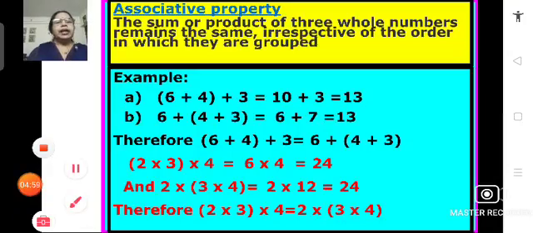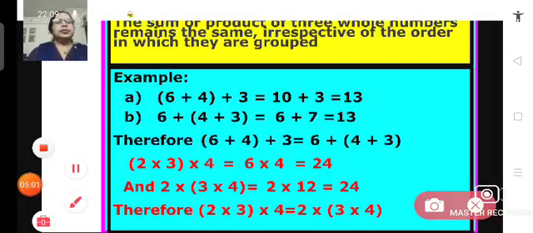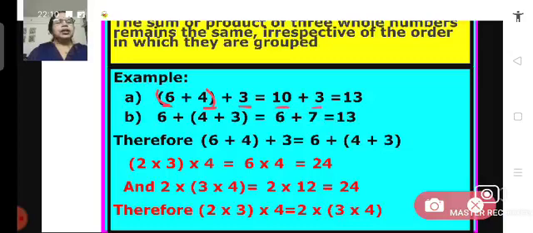For example, if we add 6, 4 and 3 in different orders, that means if we first group 6 and 4, we get 10 plus 3, that means 13. And in the next one, if we group together 4 and 3 and we add 6 plus 7, still the result remains the same, that means 13.